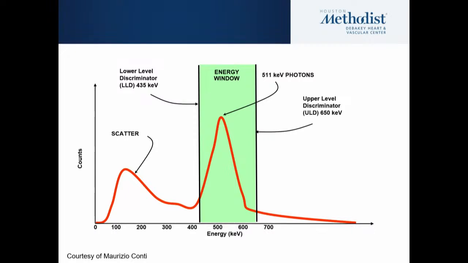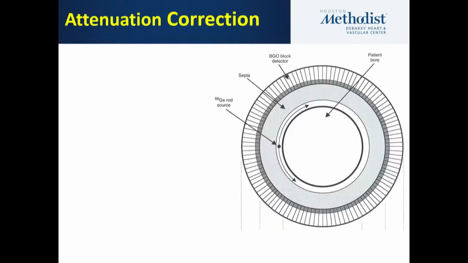So if you're doing SPECT imaging, you tell it 140 plus or minus 10%, because most of the photons are going to fall within the peak, but some of them are going to be on both edges. So for PET, for example, we can put it at 511, but then we can try to image within 5 to 10% of that.